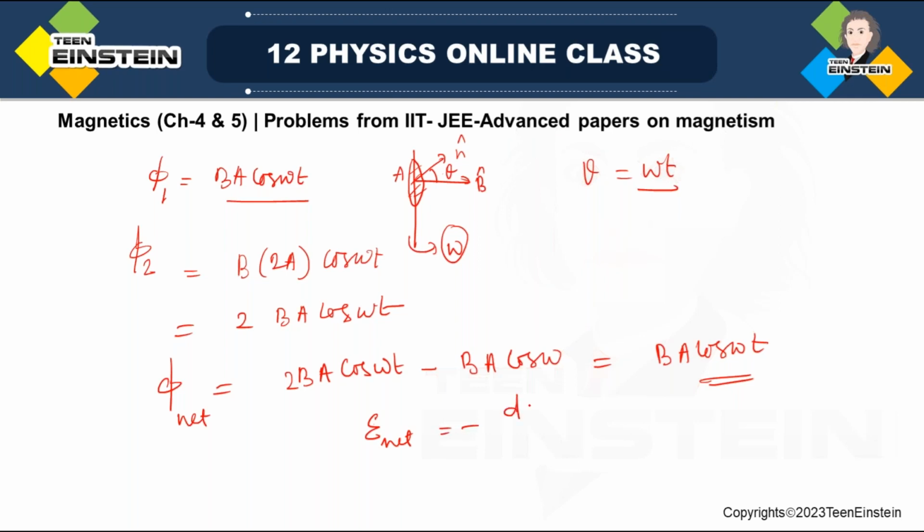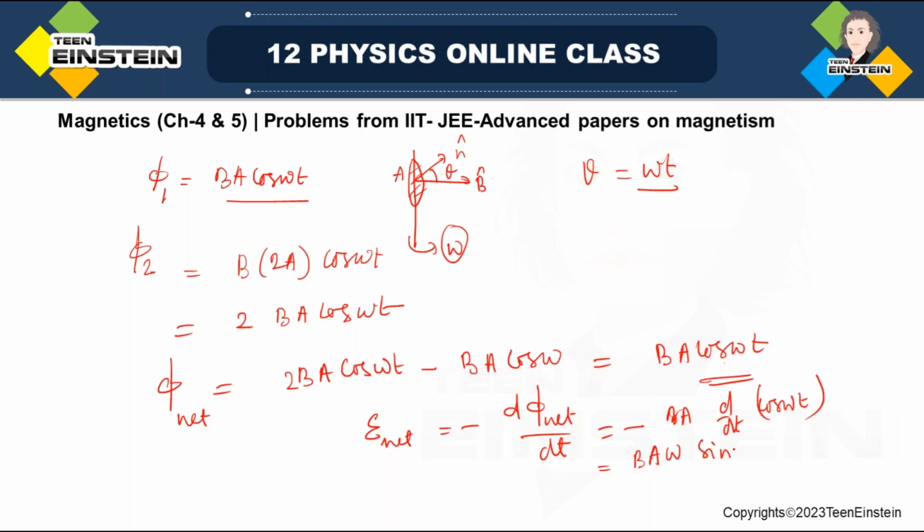minus d phi net by dt. Okay, so this will be BA, and cos omega t, d/dt of cos of omega t. What it gives? Cos omega t gives minus sin omega t with omega multiplied here.